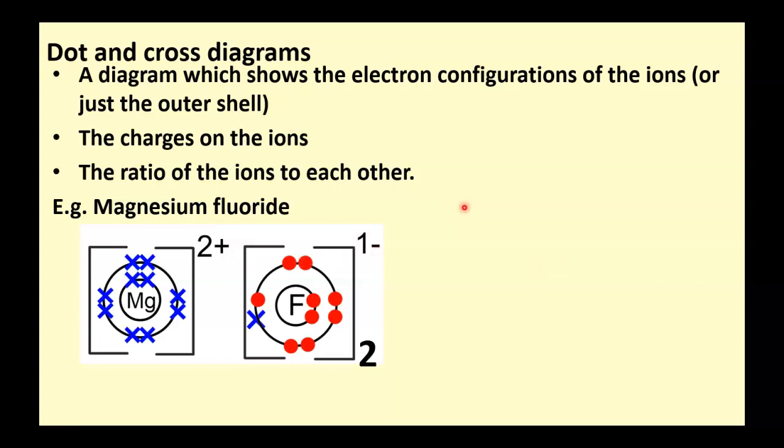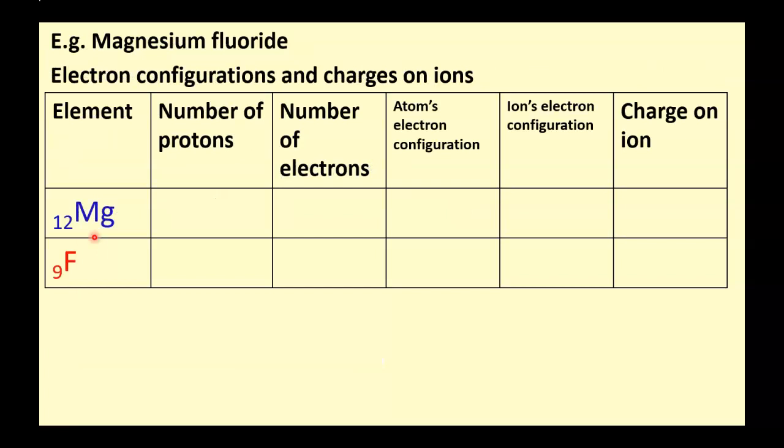Let's start from scratch. If we look up magnesium and fluorine on the periodic table, we can find their atomic numbers. We know the atomic number and the number of protons are the same.